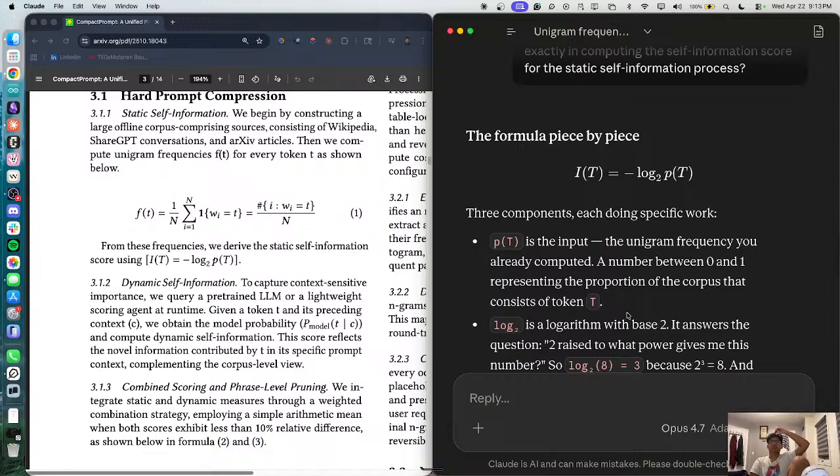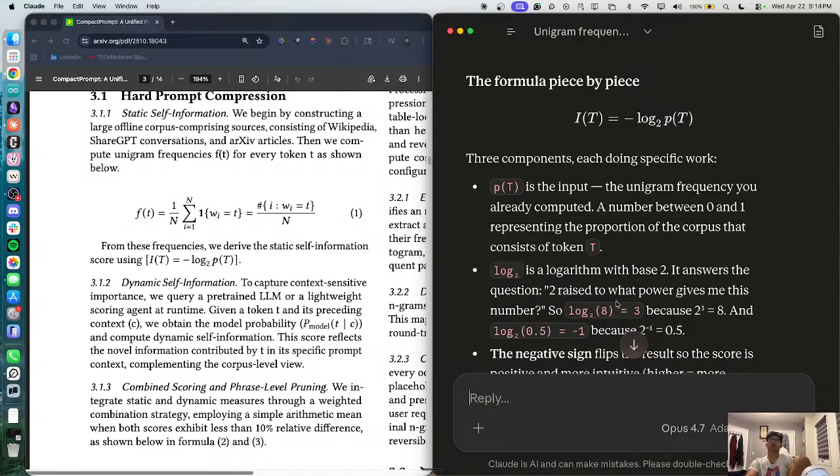So P of t is the input, the unigram frequency you already computed. A number between 0 and 1 representing the proportion of the corpus that consists of token t. Okay. Logarithm 2 is the logarithm with the base 2. It answers the question: 2 raised to the power of what gives me this number? So log 2 of 8 equals 3. I know this is the inverse, right?